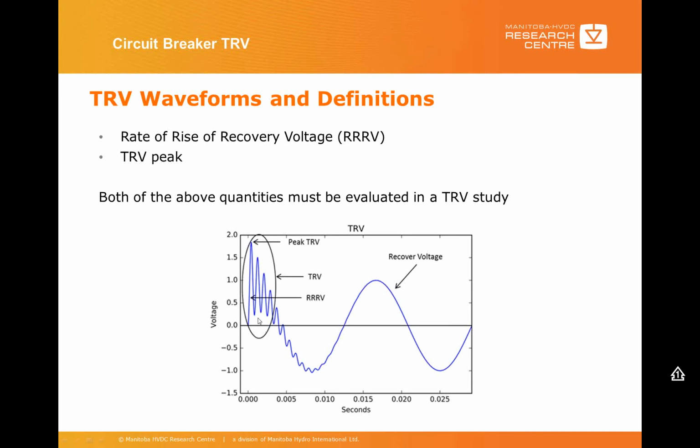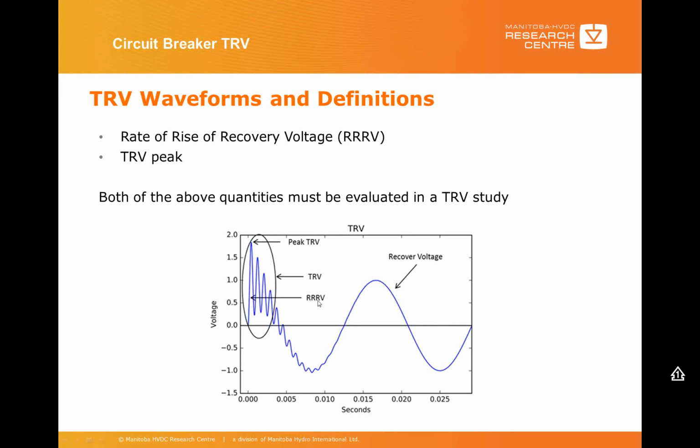In the transient recovery period, you see something called RRRV, which stands for rate of rise of recovery voltage, which is basically the initial rate of rise of the recovery voltage.